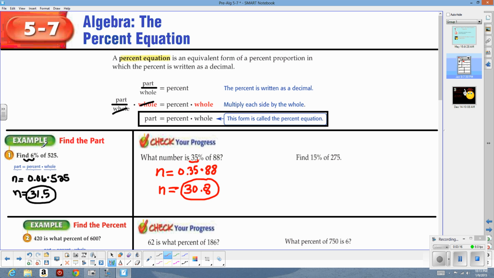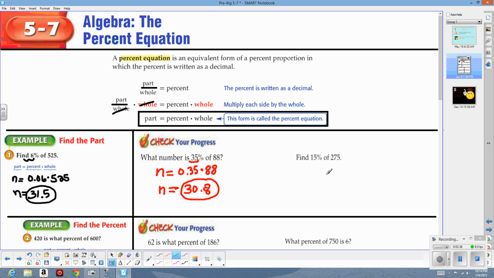So 6% is going to be a pretty small part of 525, and this is a pretty small number compared to 525. Now 35%, I would think, is close to a third, and a third of about 90 is 30, so this seems very reasonable.